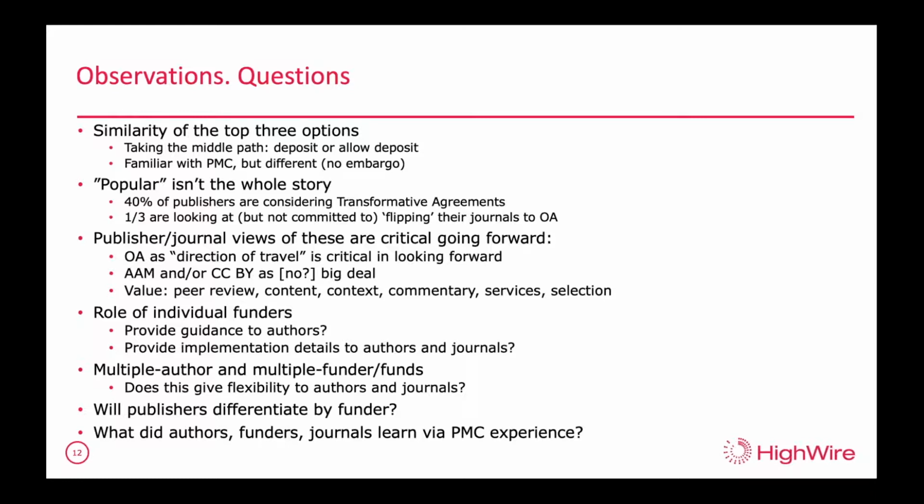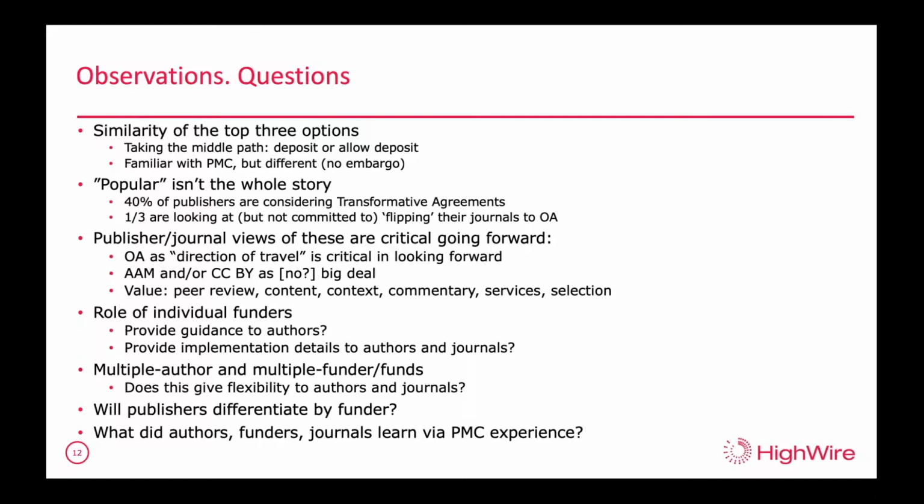We have some publishers who have experience publishing author-accepted manuscripts and or CC BY licenses, and they see it as no big deal. I wouldn't say all of them. In fact, we just have a few in each of these categories, but there is some evidence that it works for them.